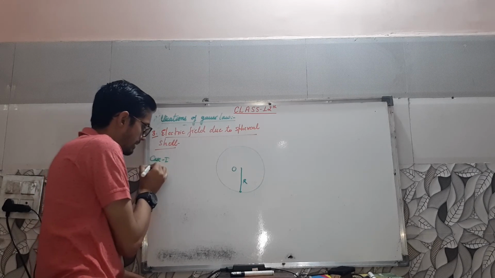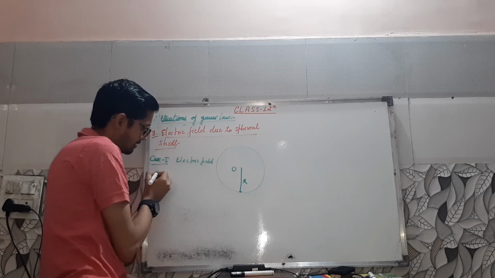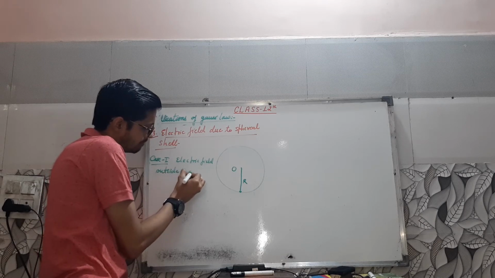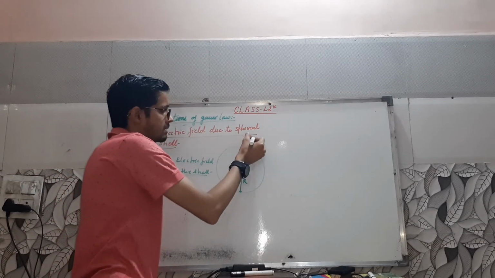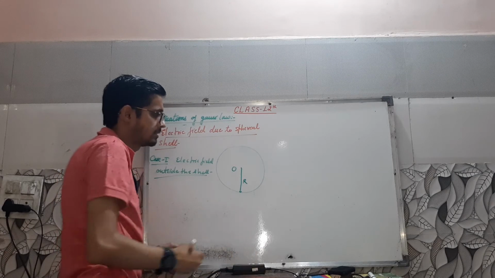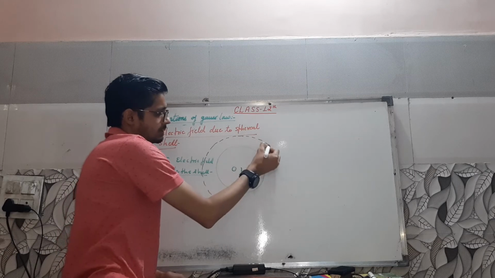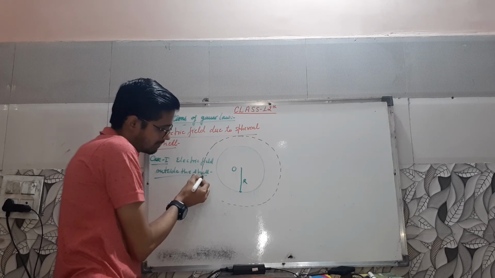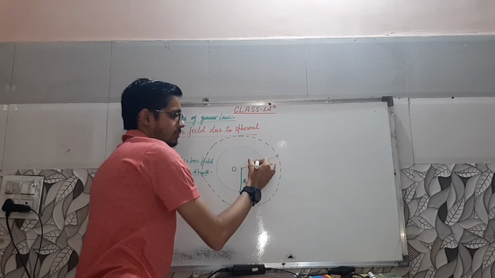Case first, electric field outside the shell. Suppose there is a Gaussian surface like this, and this is small r.